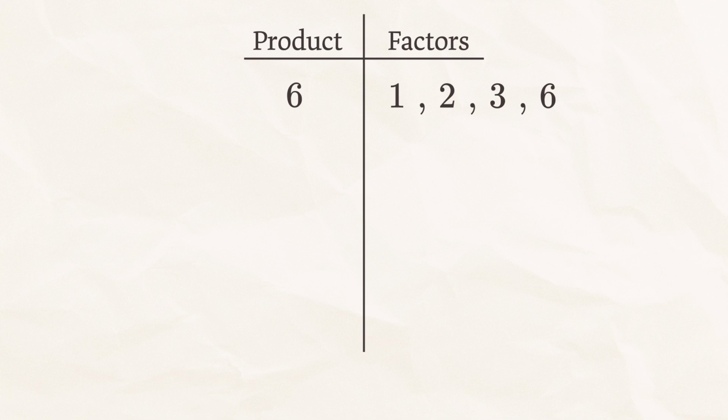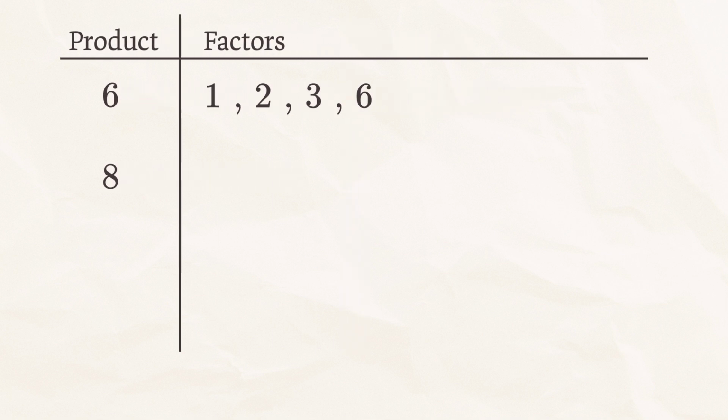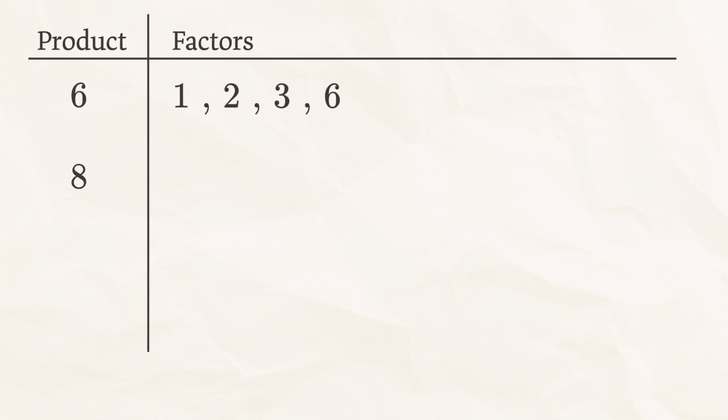Let's look at another number, say 8. Let's go on an expedition looking for factors of 8. We'll shove our table here over to make some room and look at all the numbers between 1 and 8. We'll fire up our calculators, and if any of those numbers can divide evenly into 8 with no remainder, then we've caught ourselves a factor.